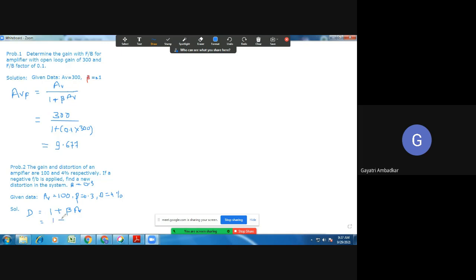After you apply feedback, beta is 0.3 multiplied by A is 100. That will become 31. Now you calculate percentage distortion. Express it in percentage.